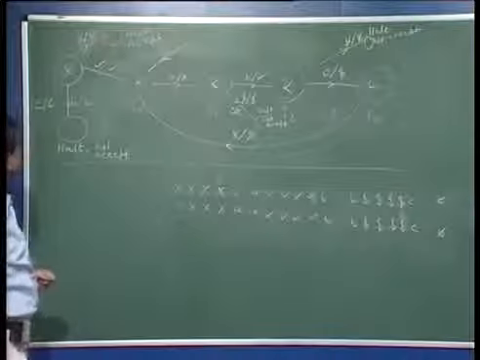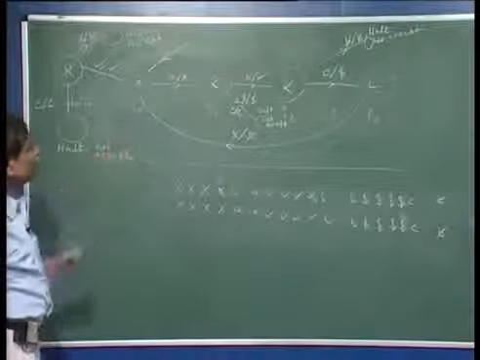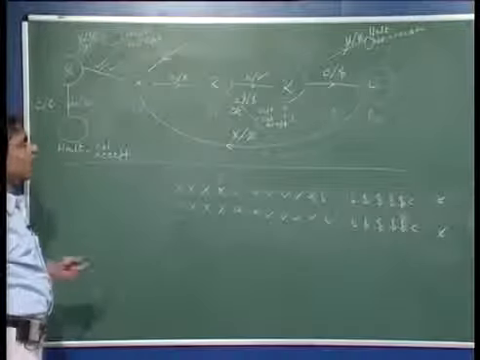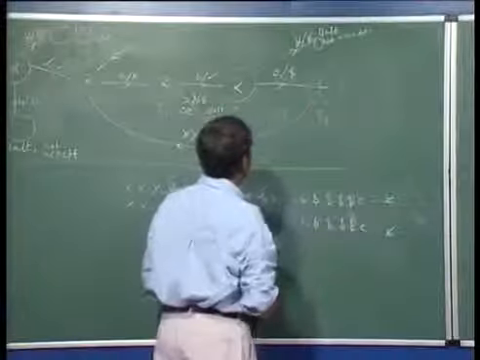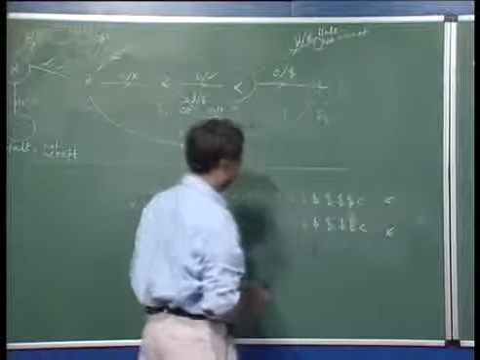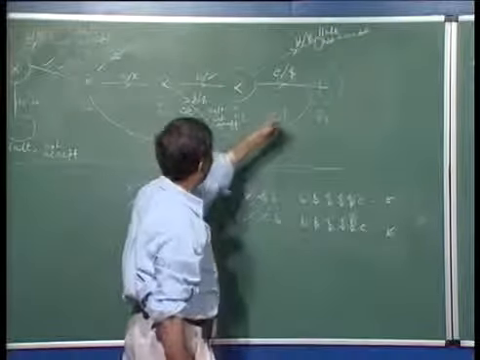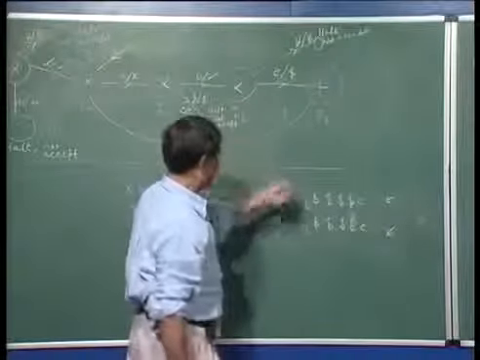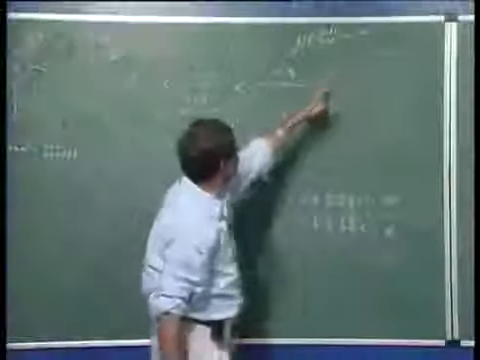Okay. Is there any other such thing? Not really. And this looks neater because, for example, here you are in state Q3, and suppose you are seeing something, let us say a dollar. What would happen? Nothing is mentioned here.